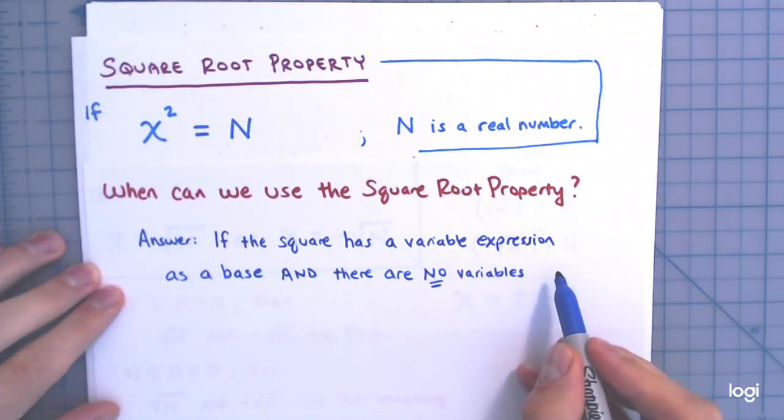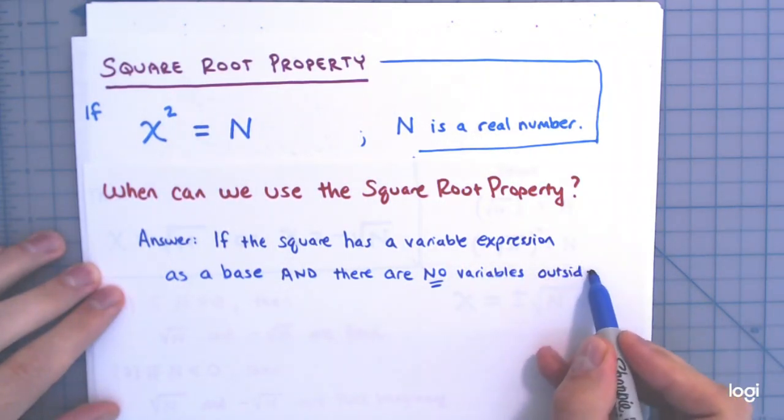There are no variables outside the square.